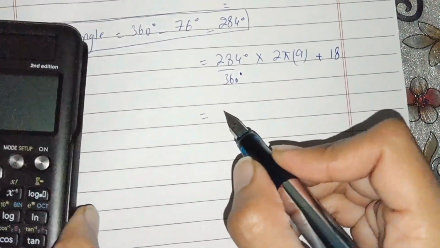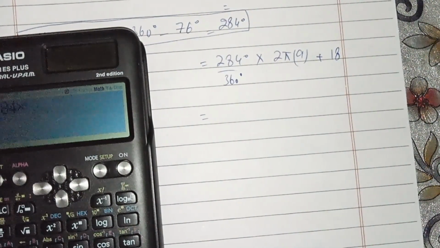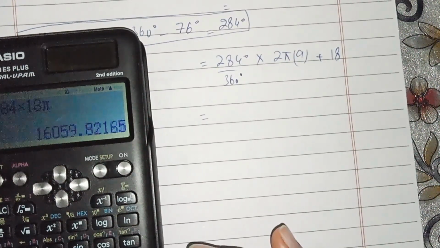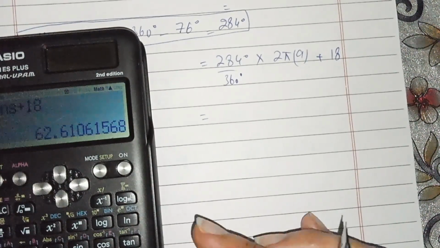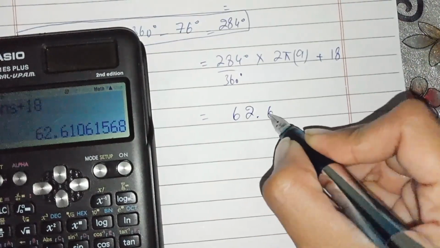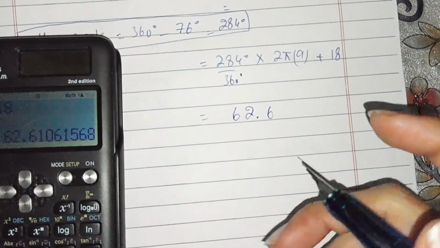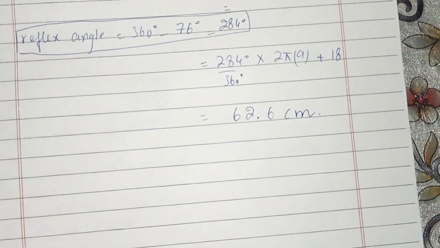Now we have to solve it. 284 multiplied by 18 pi and divided by 360, and add 18 to it. We get 62.6 centimeter. This is the perimeter of the major arc.